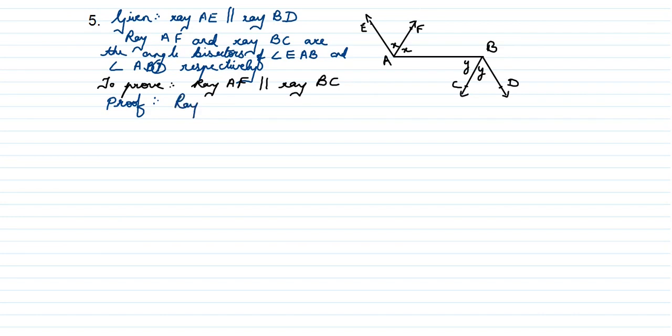Ray AE is parallel to ray BD. And let us consider seg AB to be the transversal.